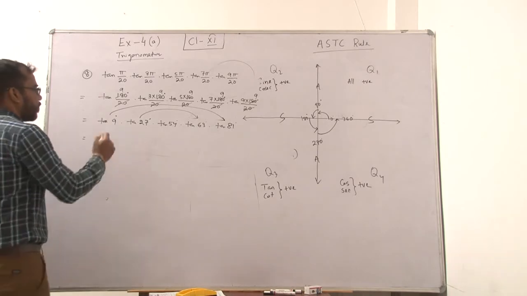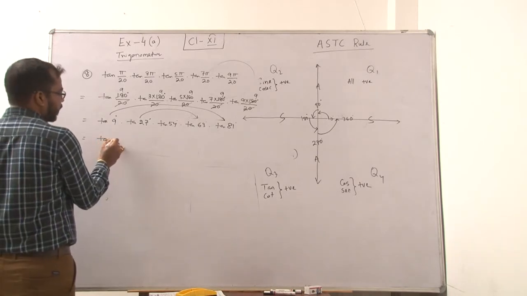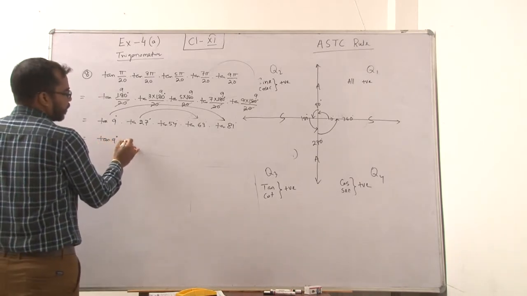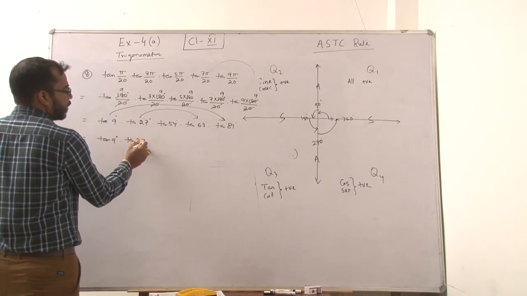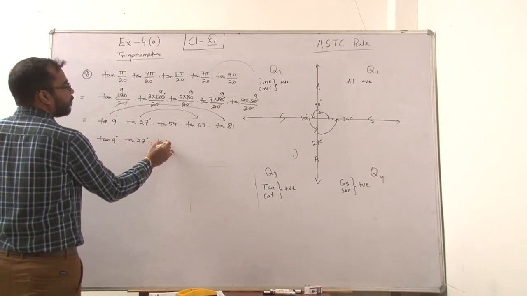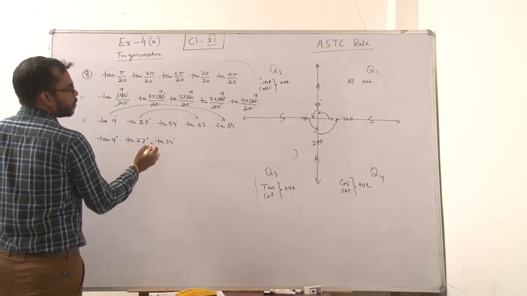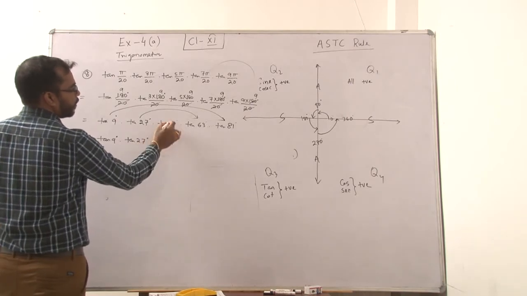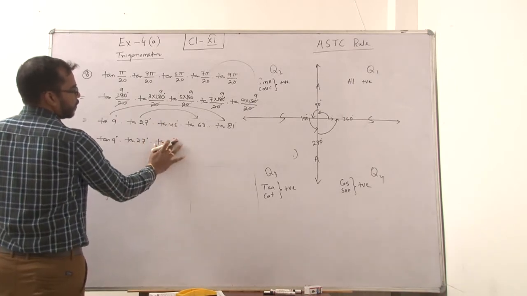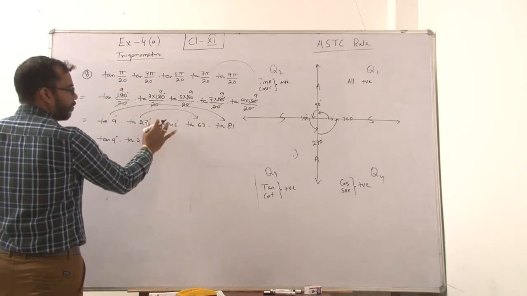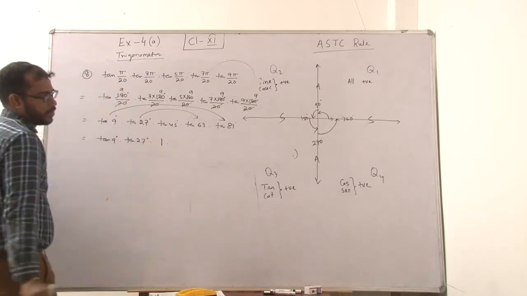So we have to break them. The value of tan 45 is 1.